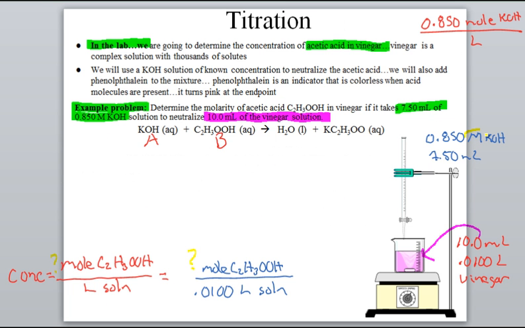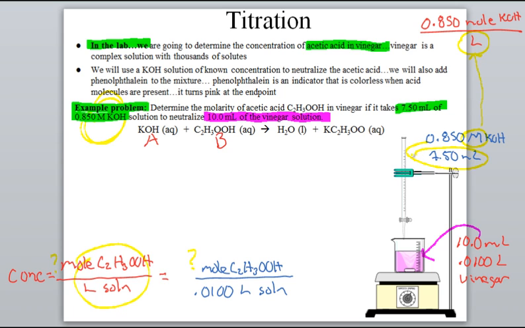Okay, also remember that molarity, that's a ratio of units, whether it's what we're solving for down here or it's given to you in the problem. So 0.85 molarity KOH means for every 1 liter of KOH solution, there's 0.85 moles of KOH.